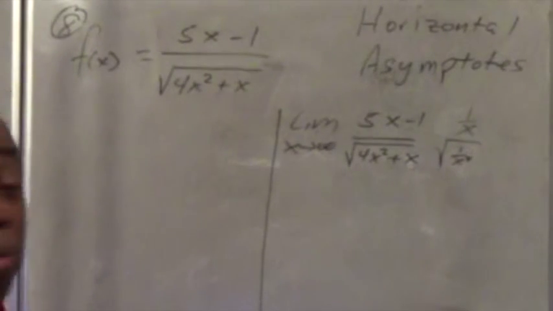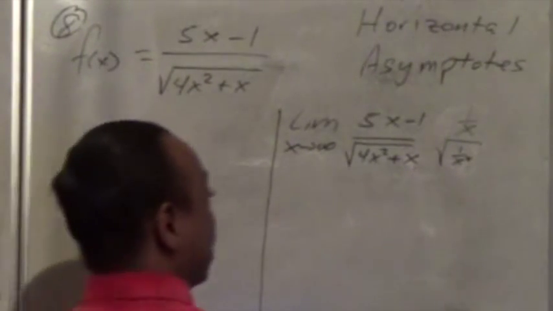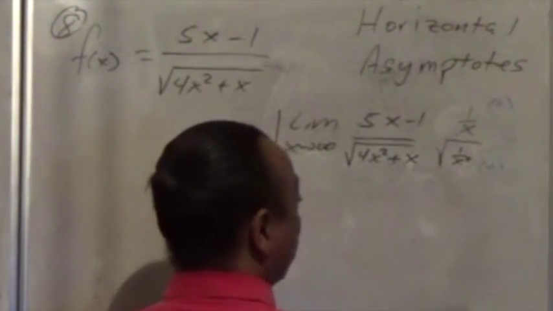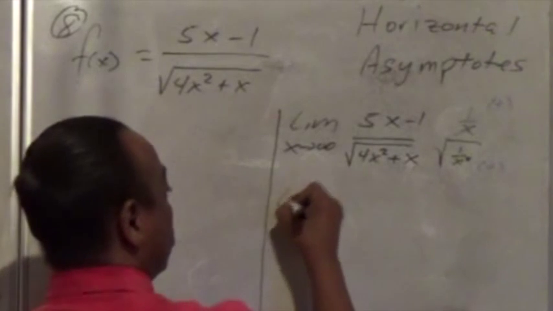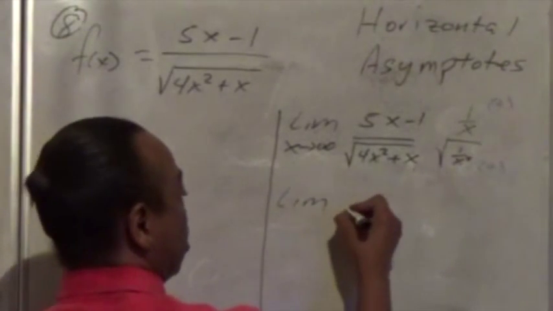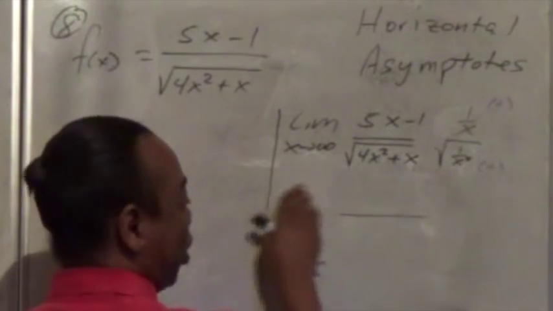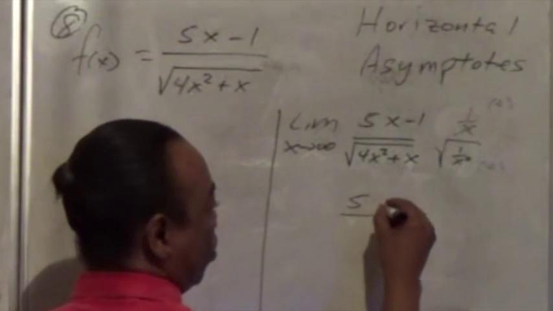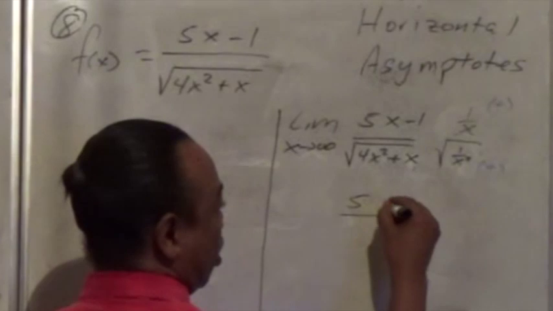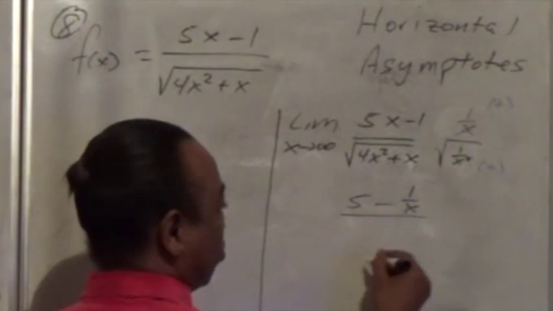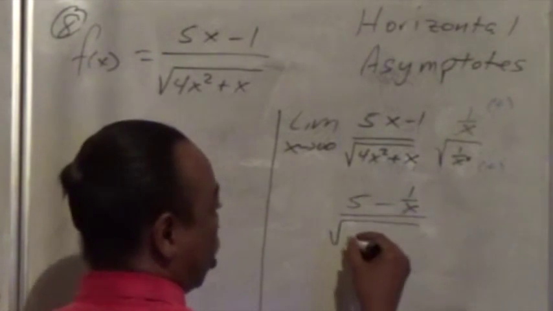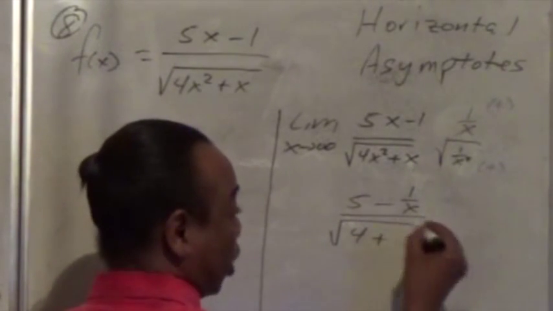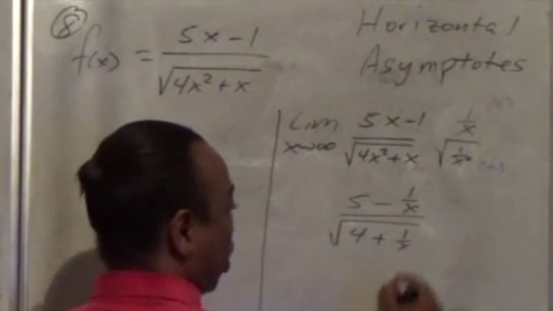Okay, and now I'll distribute. And again, this is going to be positives, and this is going to be positives. So I have the limit. This is going to be 5 minus 1 over x. And this is going to be the root of 4 plus 1 over x.